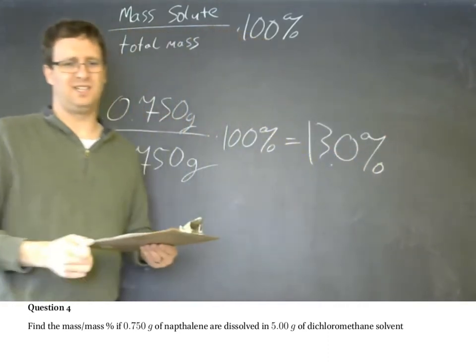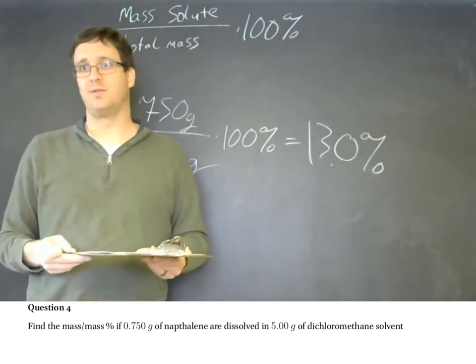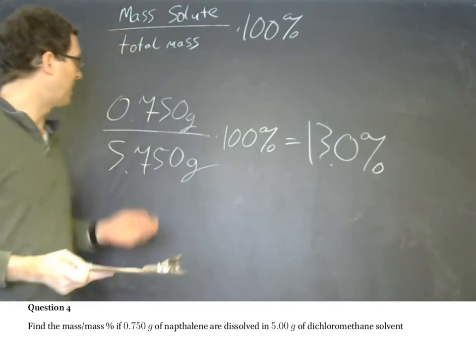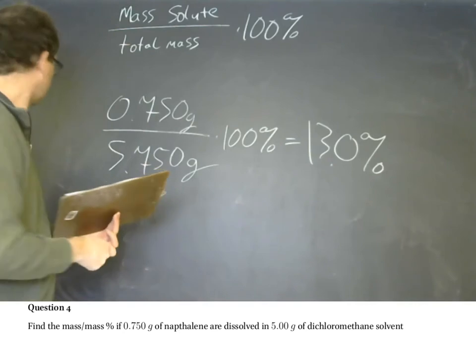And you'll notice we didn't need to know the formula or the molar mass of either the solvent or the solute. The mass percent just depends on the total masses.